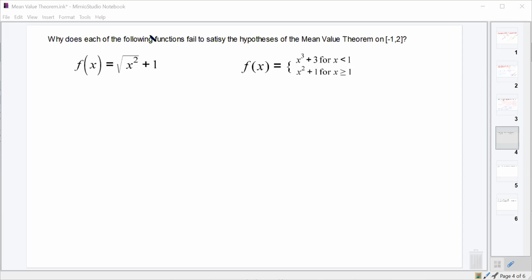So you guys ready to talk about both of those and why they fail to satisfy the mean value theorem hypotheses? Or you need another minute?